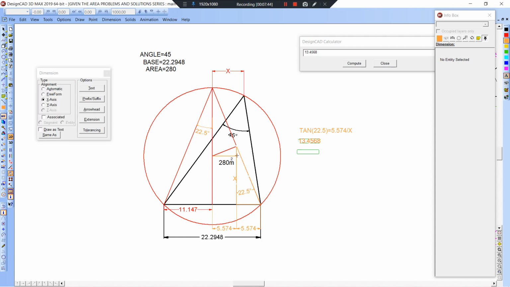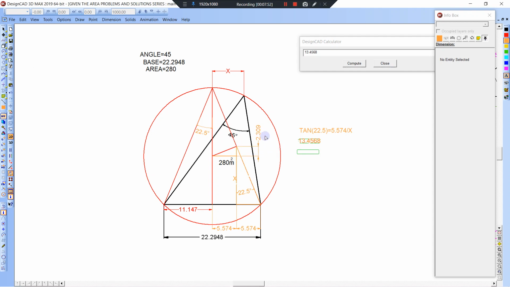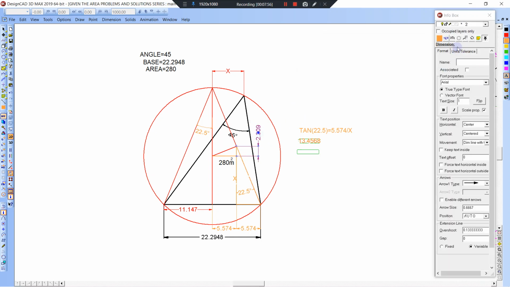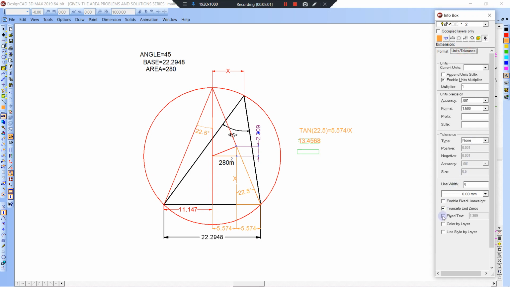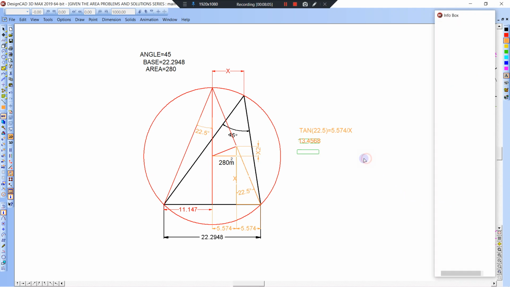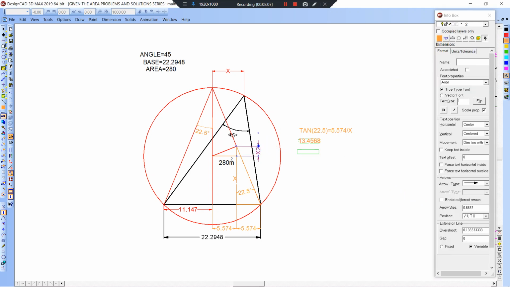the next dimension we need, this dimension, right? So it's pretty similar to the last one. That's also an x, call it x2. Let's go to green.